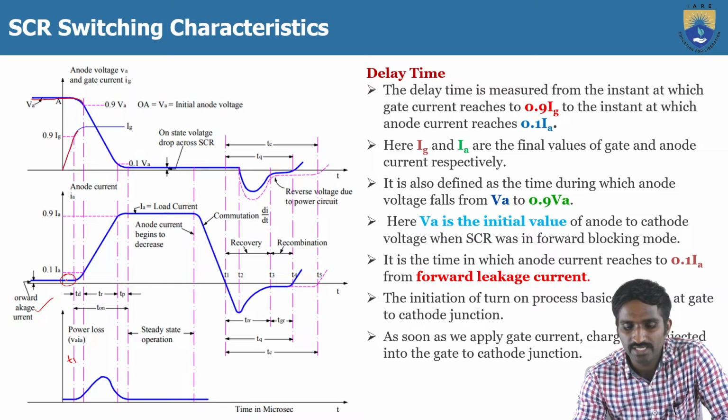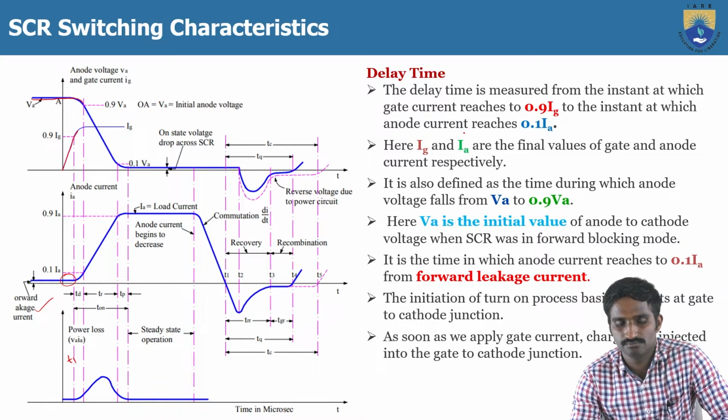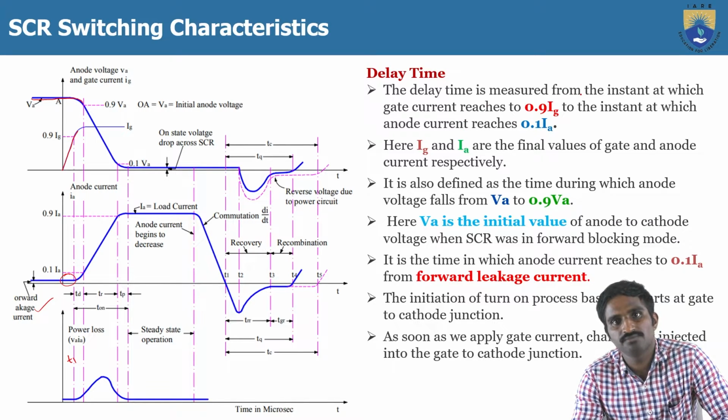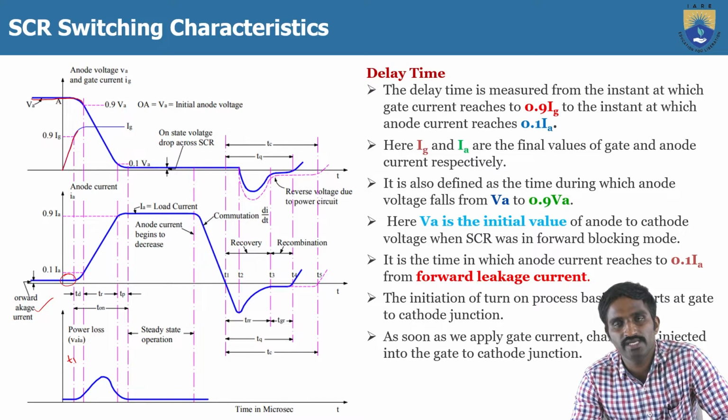Then the delay time is measured from the instant at which the gate current reaches 0.9 Ig to the instant at which the anode current reaches 0.1 Ia.